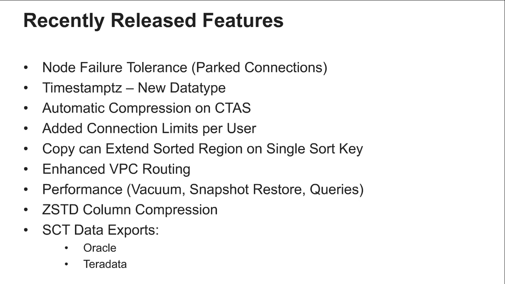What we've done is Oracle and Teradata, it can do a one-time push or pull of data out of those two platforms and into Redshift. So Schema Conversion Tool, it's a kind of a standalone product. It's free. You can download it from the AWS site, and you can connect it to a handful of different databases and data warehouses.